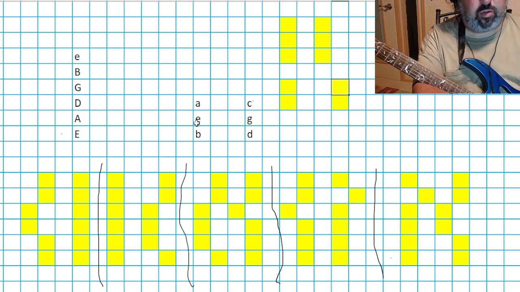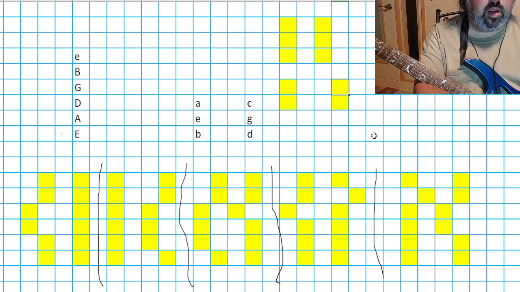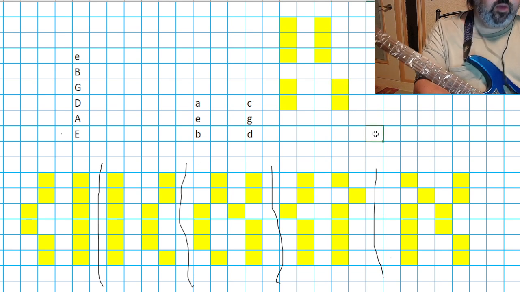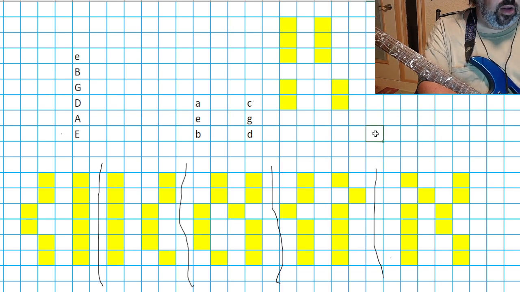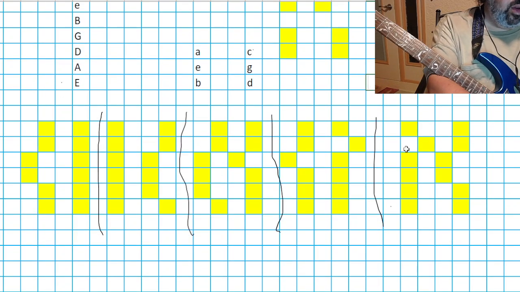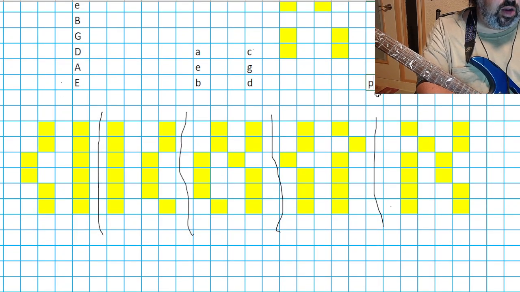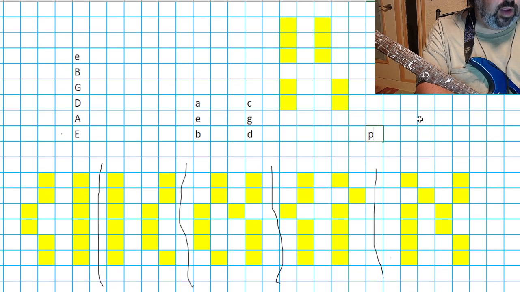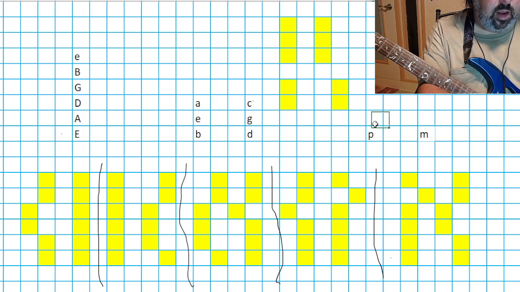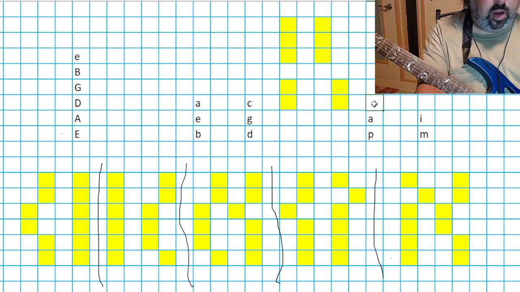But I wanted to show you this too. So we talked about how E and G, the same relationship here is, let me make something here. This relationship is Phrygian. Phrygian and Mixolydian, Aeolian and Ionian, and Dorian and Lydian.